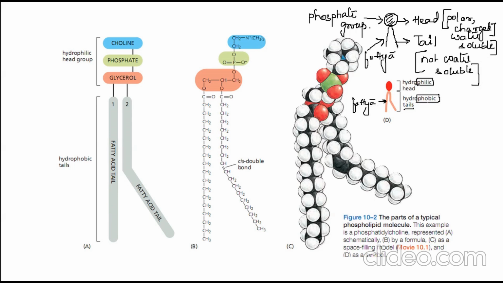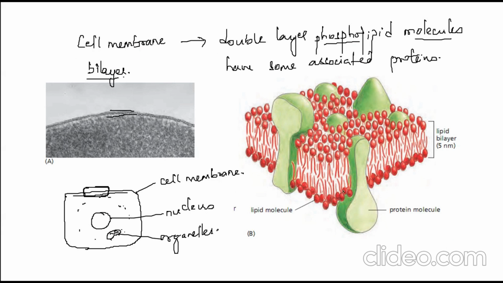Now remember one thing, inside the cell there is a lot of water, and outside the cell also there is water. What kind of environment is there outside the cell? It is an aqueous environment. And inside the cell? It is again an aqueous environment.